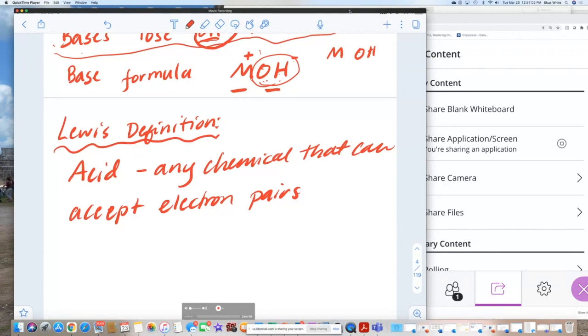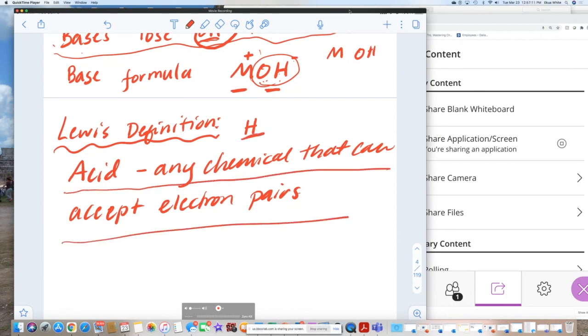We're not looking at the formula of the acid and saying, oh, the acid must have hydrogen in it. That requirement is nowhere in the definition. So in this case, to judge an acid, we're not looking for the presence of a hydrogen ion. We're looking for this proof or this ability: does this chemical have the ability to accept the electron pair? You will see when we're working on this part, they'll give you the criteria so you can figure that out. The acid is any chemical that can accept electron pairs.